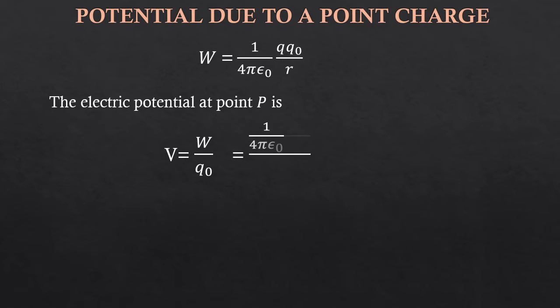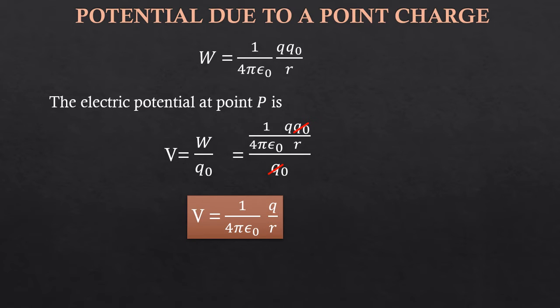W is 1 by 4 pi epsilon naught Q Q naught divided by R, and divided by Q naught. In this case, Q naught and Q naught cancel. So we will get the potential at point P to be V is equal to 1 by 4 pi epsilon naught Q divided by R. This is the electric potential due to a point charge Q at a distance R.